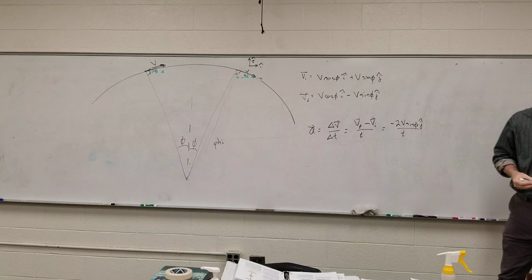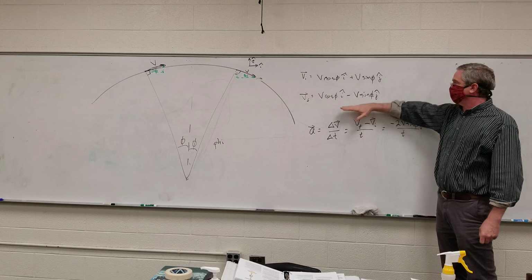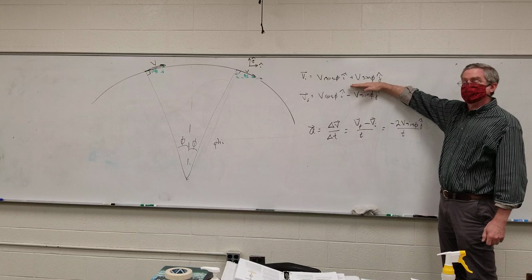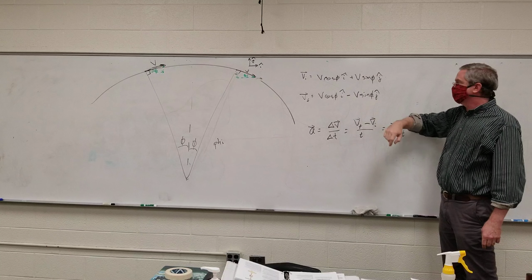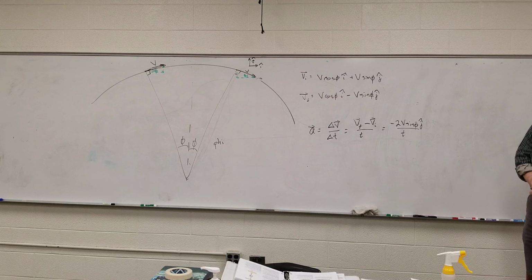How did you get this negative 2 v sine phi j hat? Doing final minus initial, so I have negative v sine phi j hat minus v sine phi j hat. And you're saying these two over here cancel out?